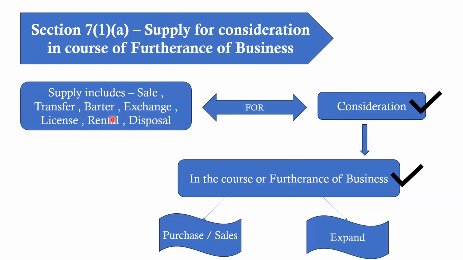This is for the purpose of consideration and in the course or furtherance of business. In simple words, course means there must be a buying and selling part, a purchase and sales part.